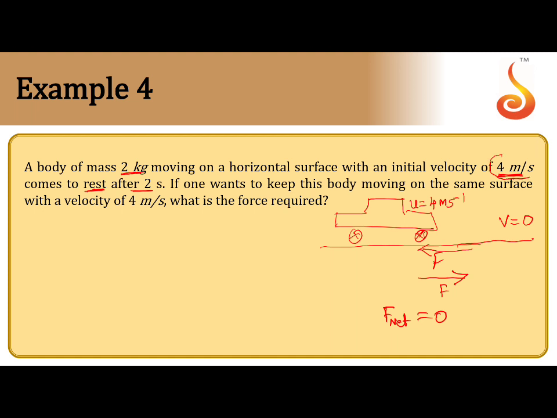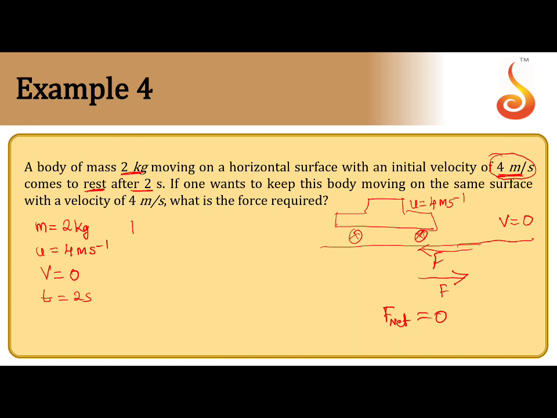So its velocity would remain to be equal to 4 meter per second. So how much force should I exert? According to the given data, mass equal to 2 kg, initial velocity equal to 4 meter per second, it comes to rest, final velocity equal to 0, time taken equal to 2 seconds.